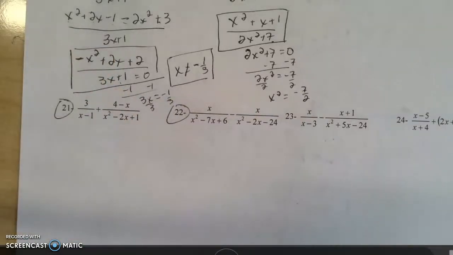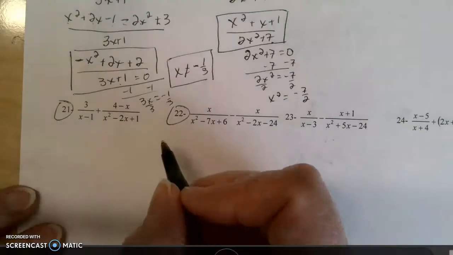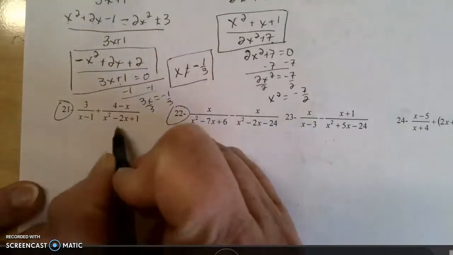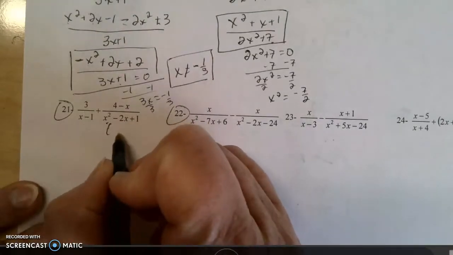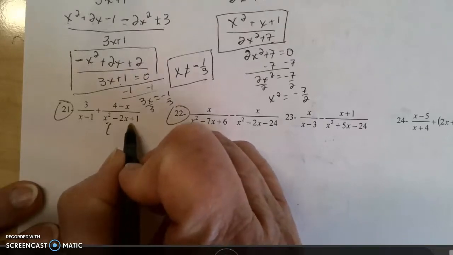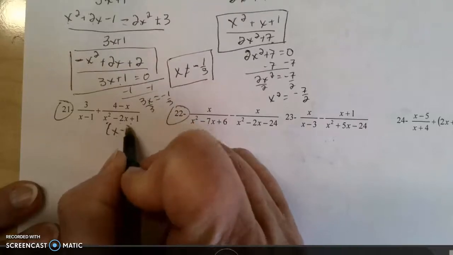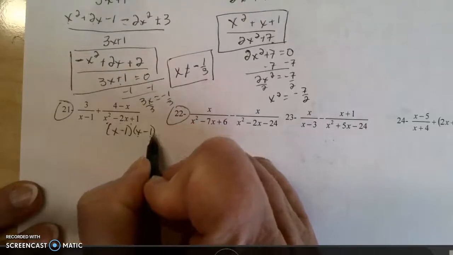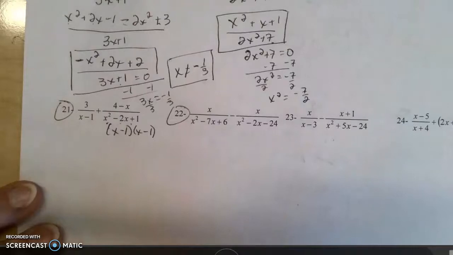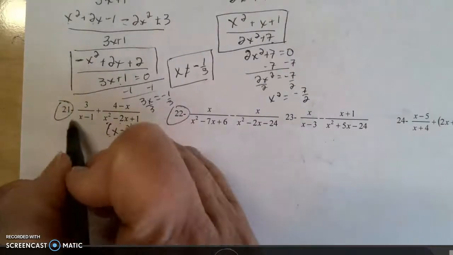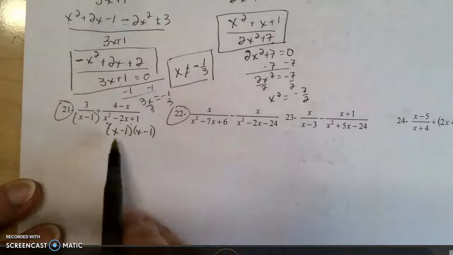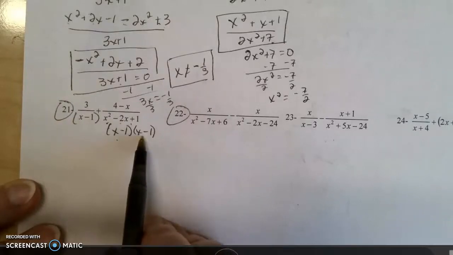Now let's look at uncommon denominators. So, I'm going to factor this. I have the same sign, and it needs to combine to a negative 2. So this has one factor of x minus 1. This has two factors of x minus 1.